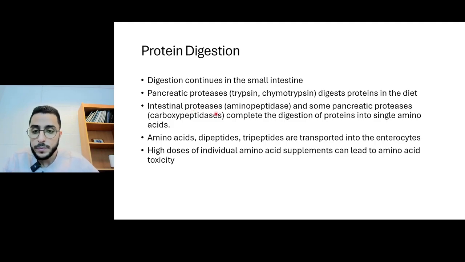These are, for example, aminopeptidase and carboxypeptidase. And as you can see in the name, peptidase means peptide, not protein. So they will break down short polypeptides into a single amino acid unit. Aminopeptidase probably breaks the peptide at the amino group. Carboxypeptidase will probably break the peptide at the carboxy group, right? Simple, makes sense?